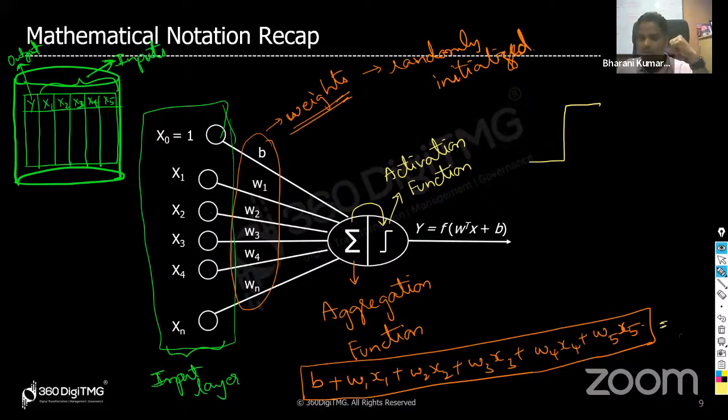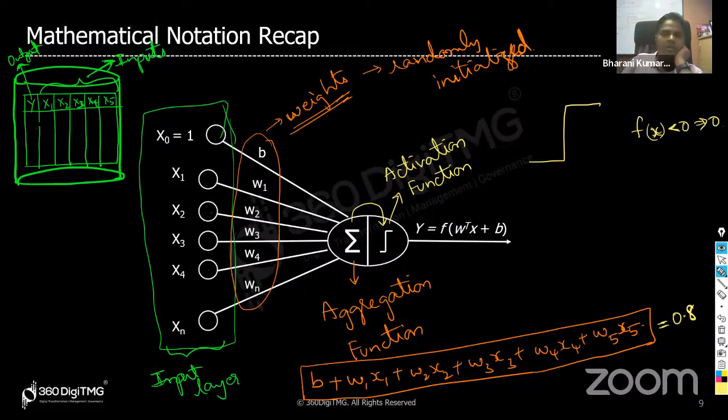Assume that when you multiplied all these things, b into 1 plus w1 x1 plus w2 x2, you got a value of 0.8. So what? might be a question. If the function value is less than 0, then you will say the output is 0.